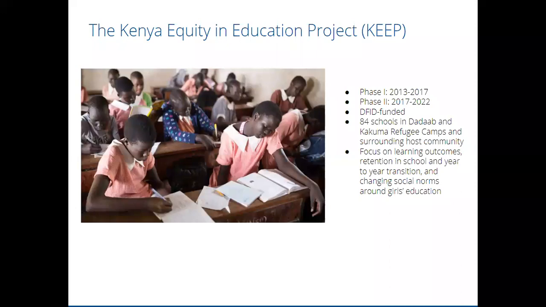So as the name implies, this is an equity-focused intervention. Though boys benefit indirectly from some of the structural interventions that we do in this project, such as teacher training, school improvements, and provision of psychosocial counseling services, just as a few examples, girls are at the heart of the initiative.